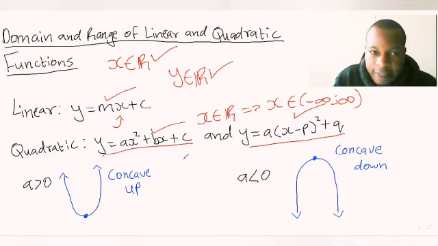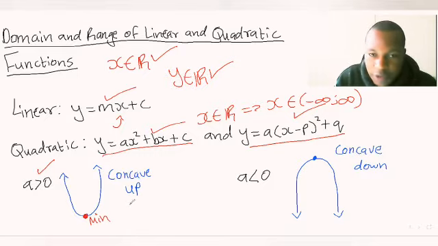Now the range of a quadratic function is a bit different. In this case, we will draw from the turning point itself. If a is greater than 0, so that would be a positive a, it means that you are dealing with a concave up graph. So we can then have a minimum point. This in itself is a minimum point.